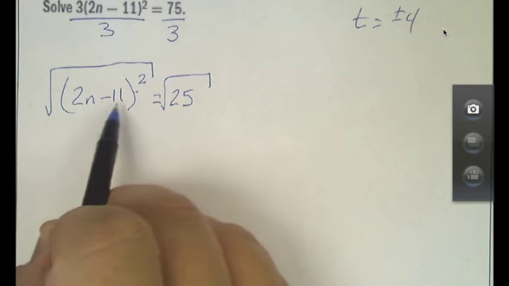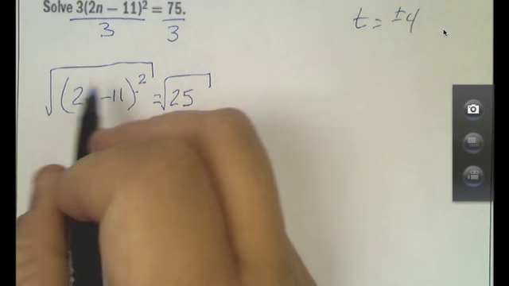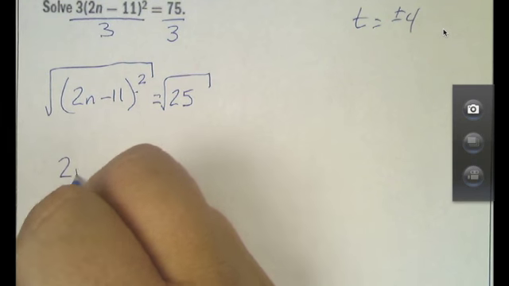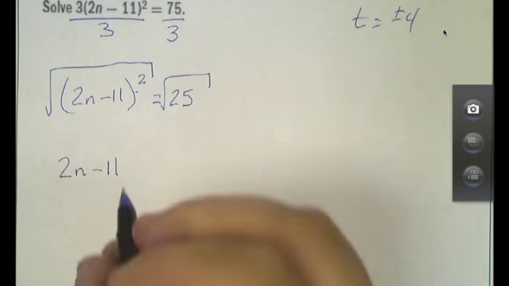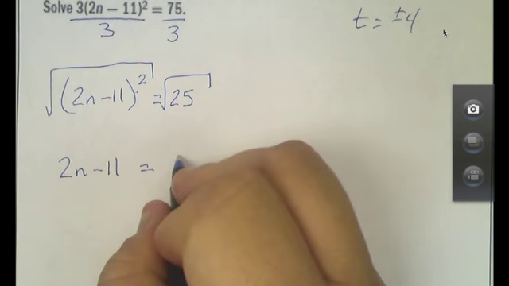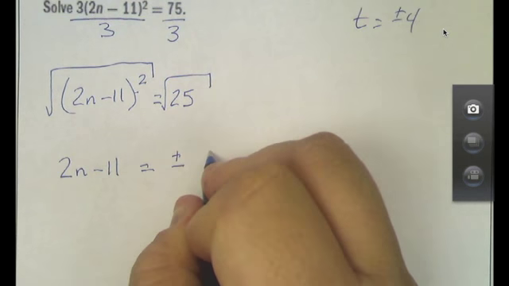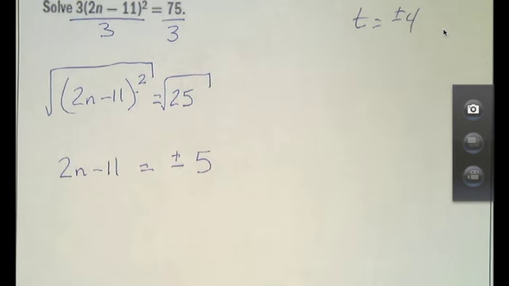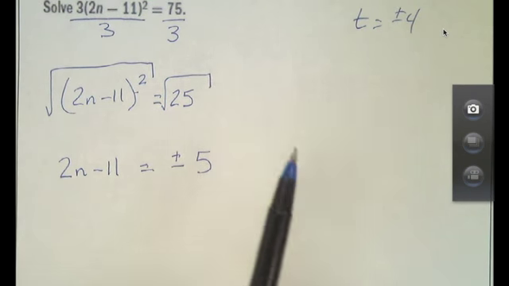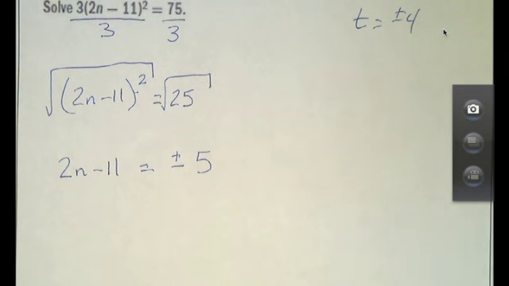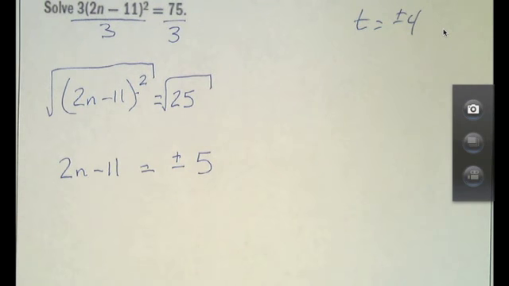Okay? When I take the square root of this, I'm left with just what is inside. So I had 2, now I'm down to 1, 2n minus 11. Now, that is going to be equal to plus or minus 5. Because the square root of 25 is plus or minus 5. From the positive end, from the negative end.